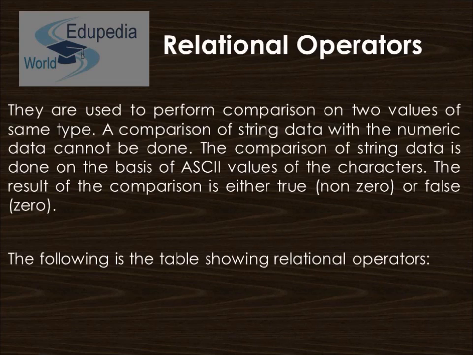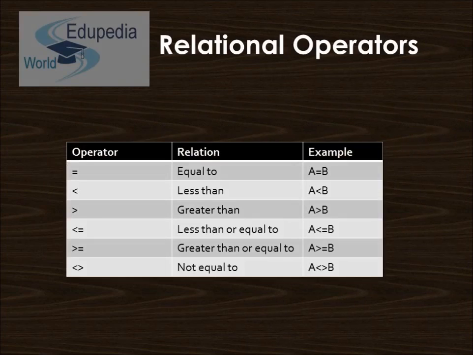The following is the table which is showing us the relational operators. So far, BASIC supports 6 relational operators which can be named as equal to, less than, greater than, less than or equal to, greater than or equal to, and the last one is not equal to.